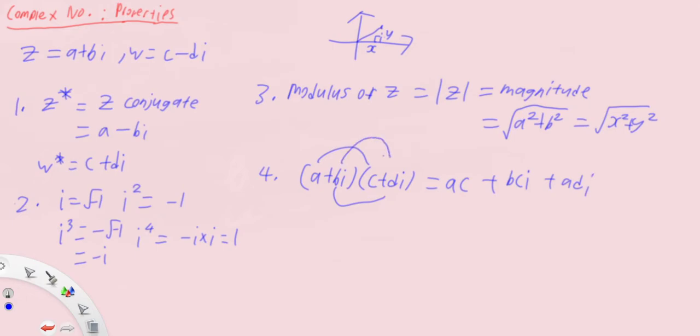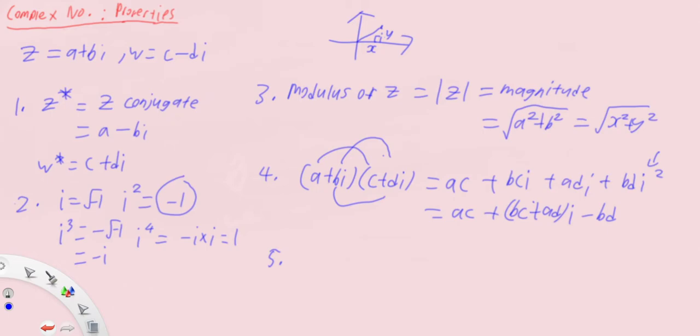Bi times di, you might accidentally write it as plus bd. i square is correct, but don't forget i square is minus 1. So take note of that. The faster way, if you have enough experience, is to just remember that i times i is always negative, giving minus bd. You can do it systematically, up to you. I'm not stopping you.